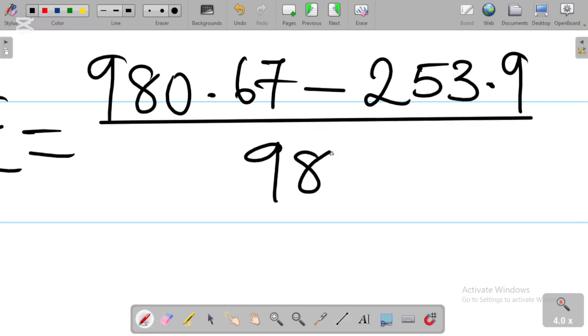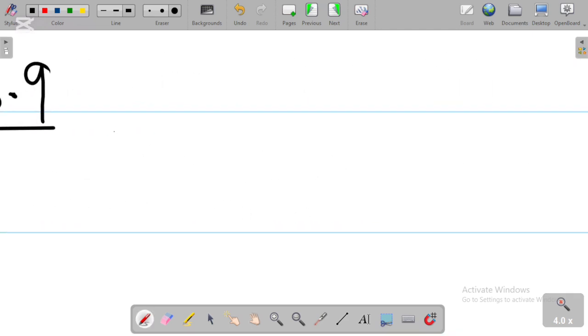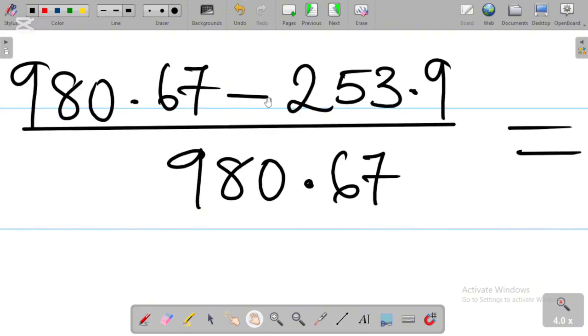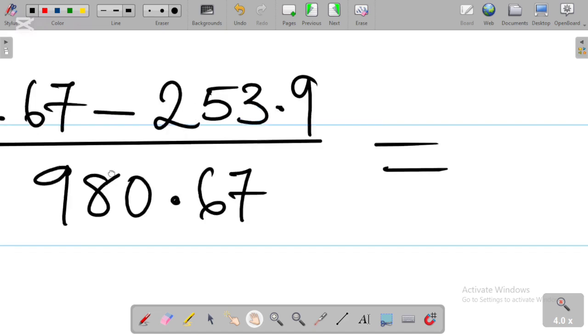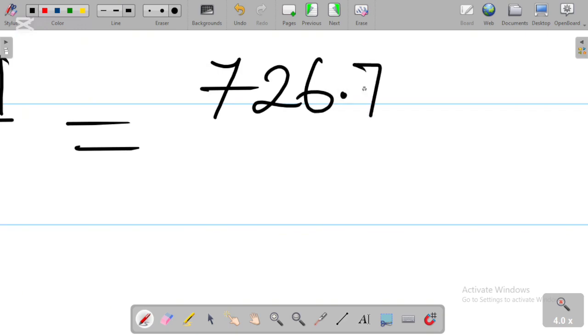So we have 980.67. So kindly punch your calculator. So it will give you what? 980.67 minus 253.9. So it gives us 726.77. All divided by what?